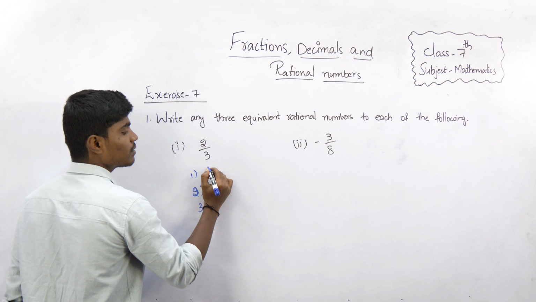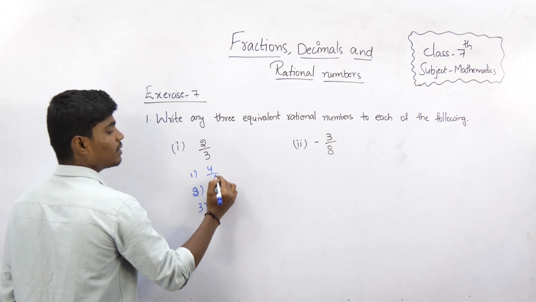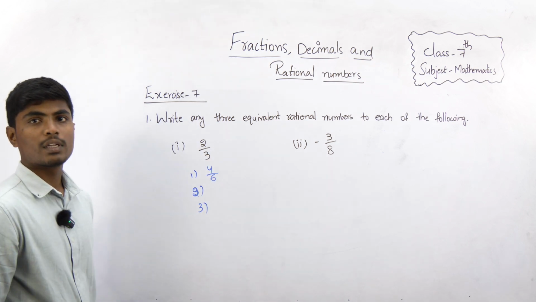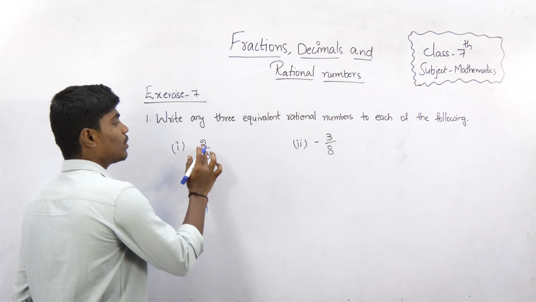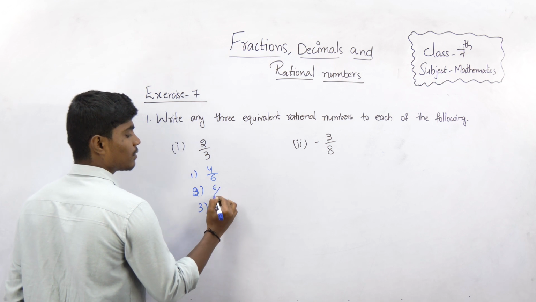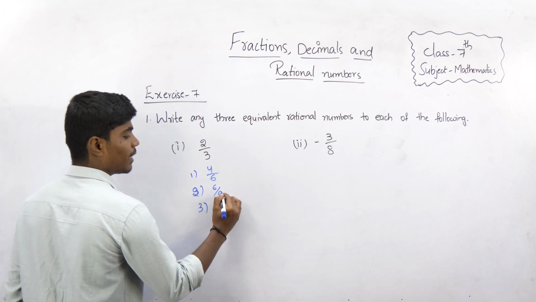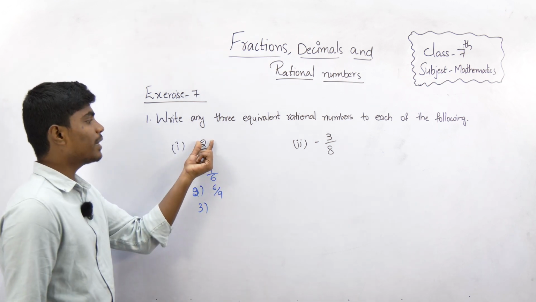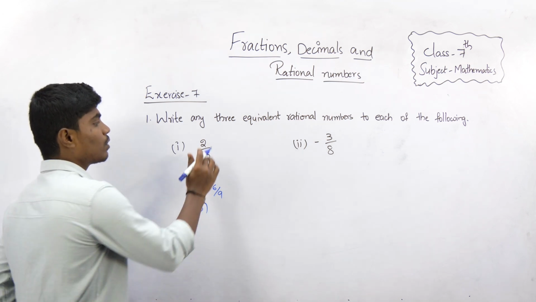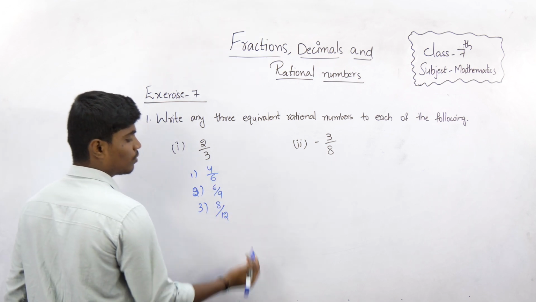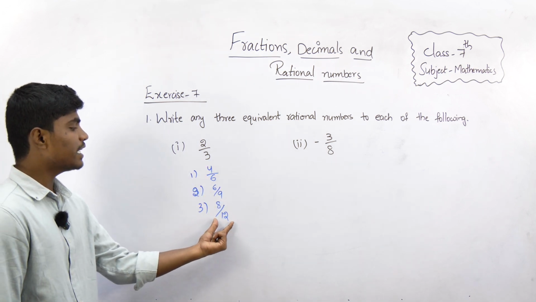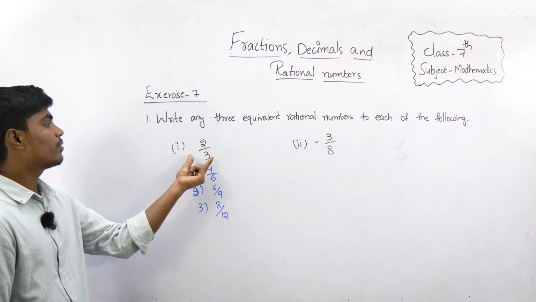So 2 into 2 is 4, 3 into 2 is 6. Now let's multiply numerator and denominator by 3. 2 into 3 is 6, 3 into 3 is 9, so 6 by 9. Now numerator and denominator by 4. 2 4s are 8, 3 4s are 12. See, these are the three equivalent rational numbers for 2 by 3.